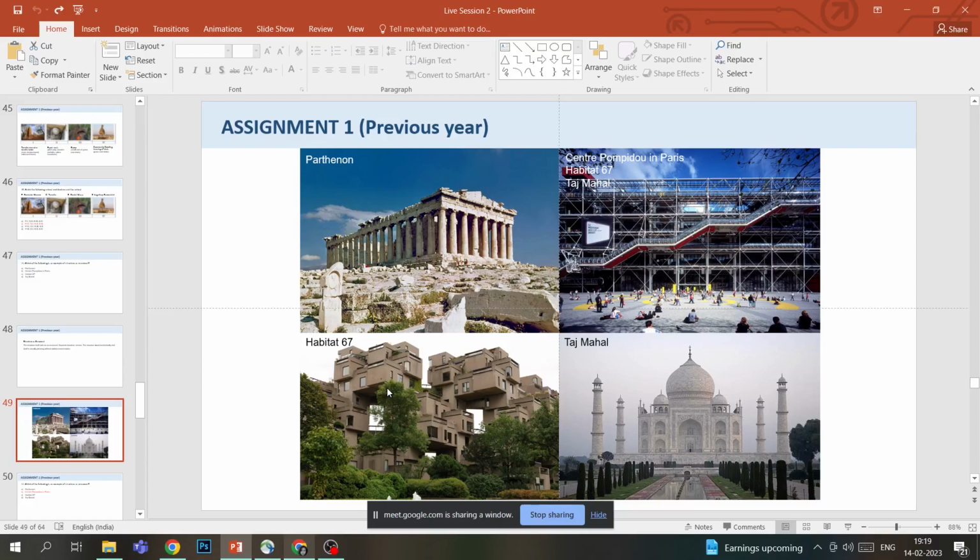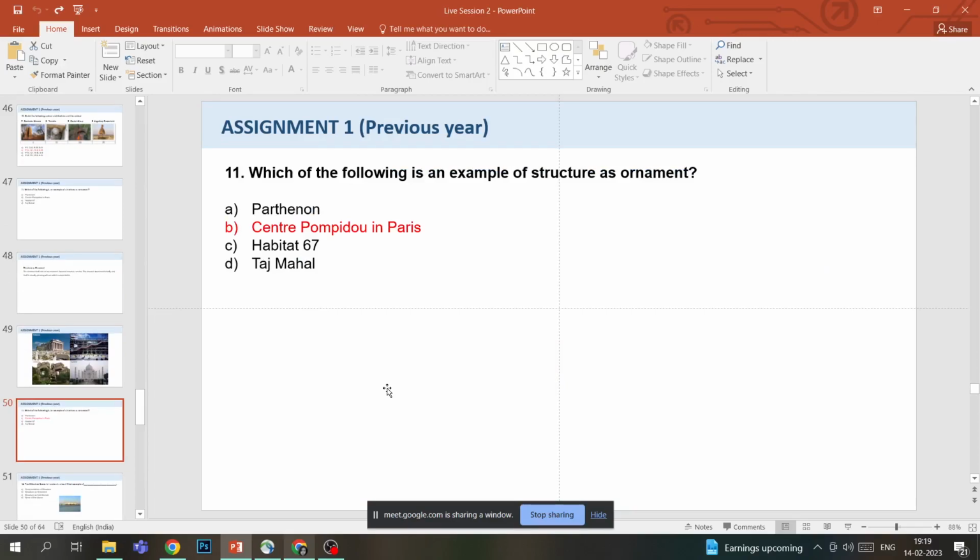Centre Pompidou is a museum of modern art, and the entire structure and all its services are exposed. In fact, they have color coded the surface to look aesthetic. So the correct answer would be Centre Pompidou in Paris.